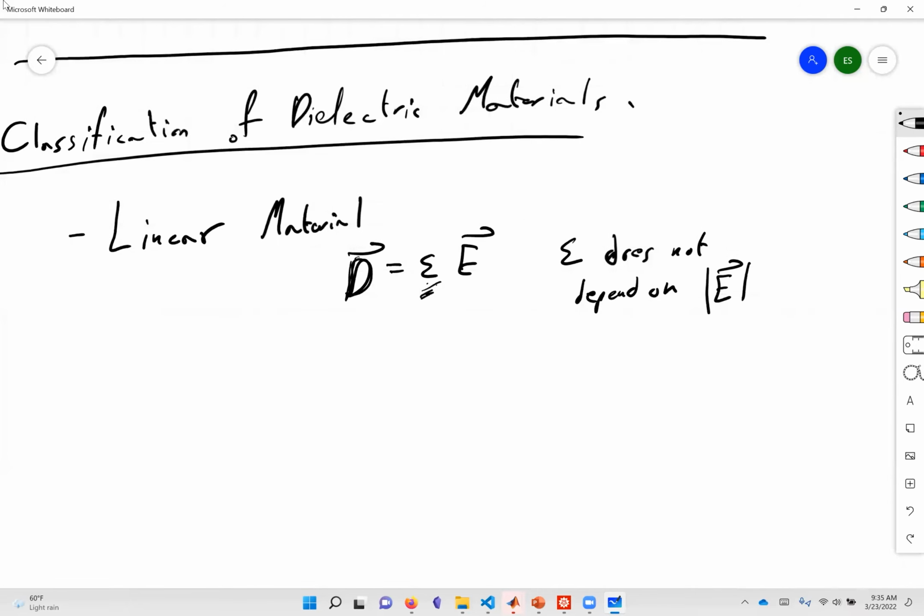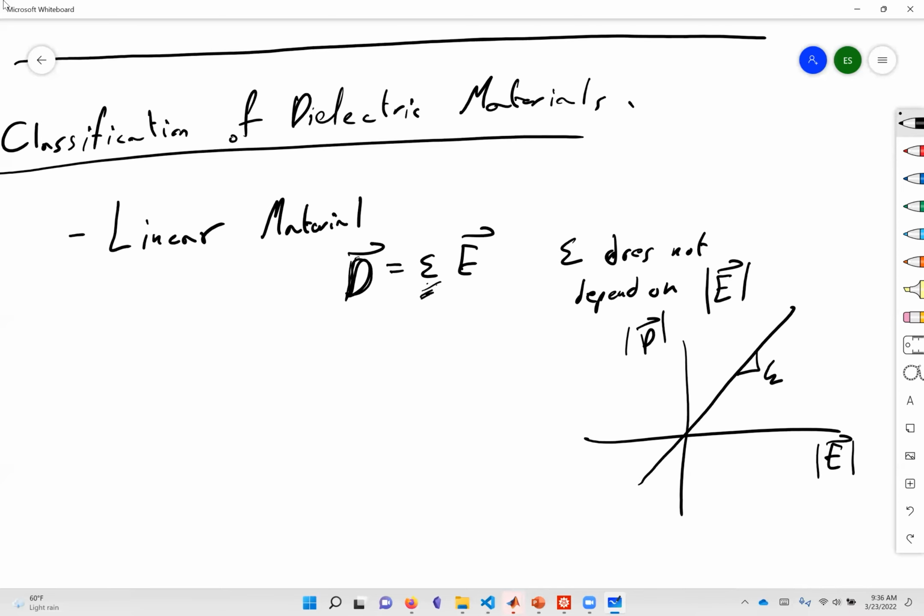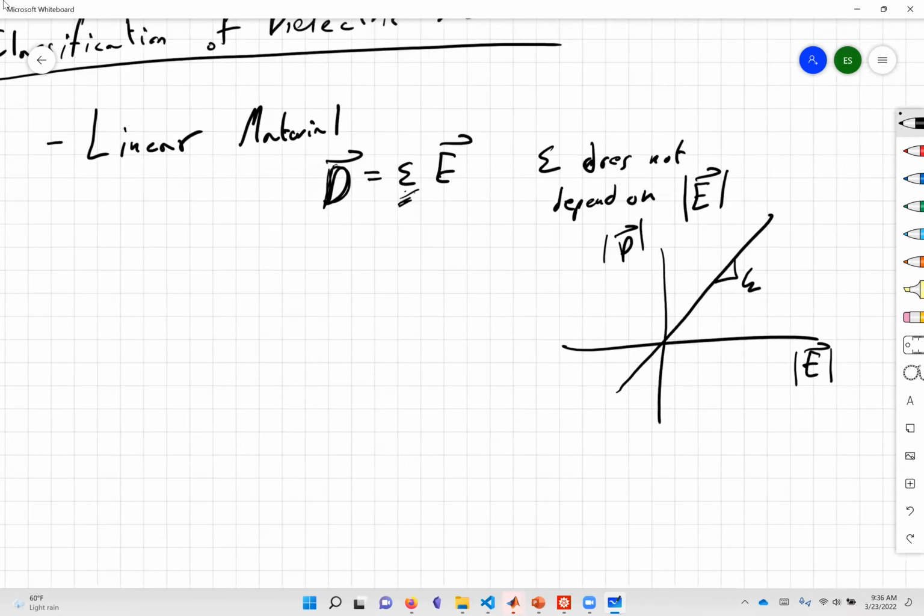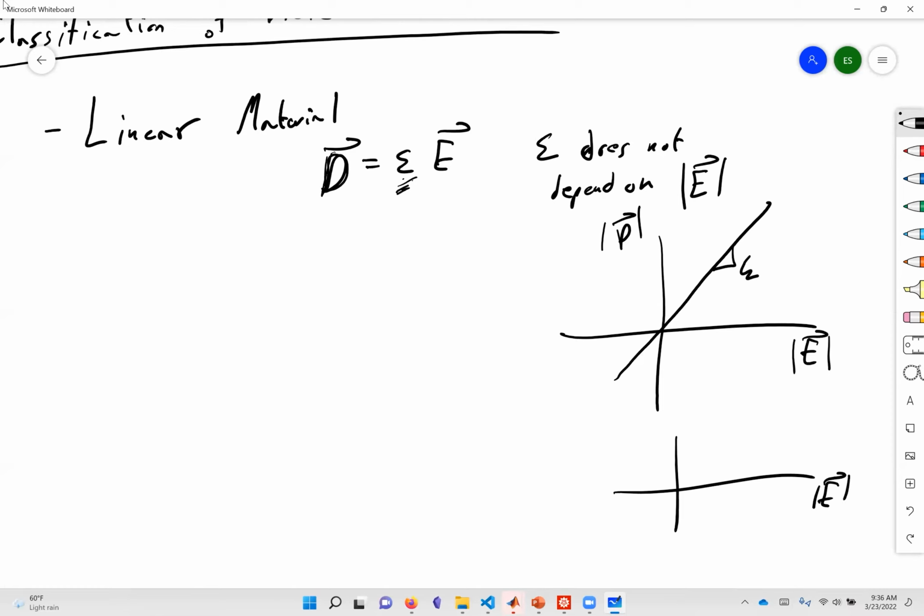So we can plot the magnitude of D versus the magnitude of E. The slope is always going to be constant. It's always going to be epsilon. The material does not behave like this, where the polarization tapers off as E increases.